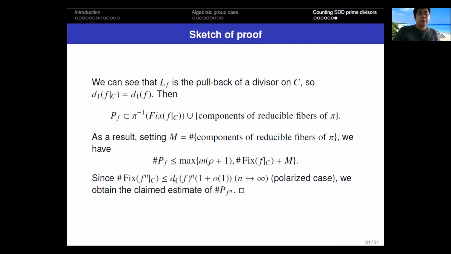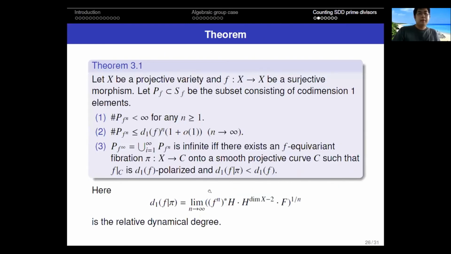So we can compute the growth, and we obtain the estimate of PF sub Fn. So finally, we obtain 1, 2, and the third one is already obtained along the proof. So if PF is sufficiently large, then we have the fibration. So the third one is also okay.